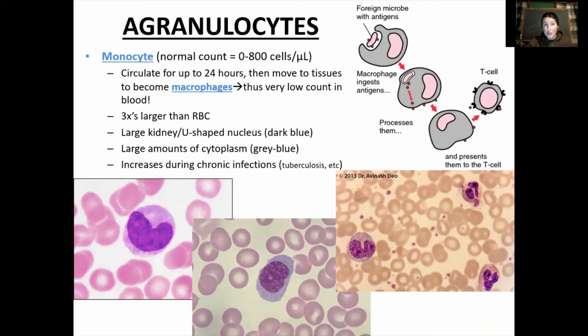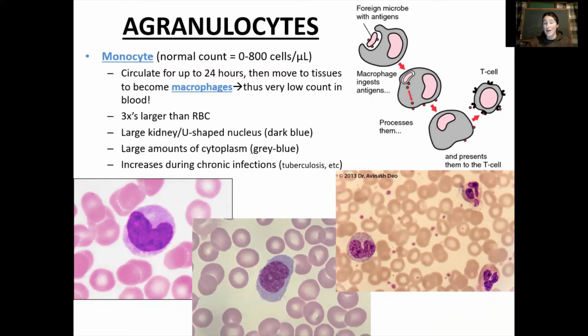For the lecture, you should be able to identify the appearance of these cells. So I might give you an image of the cells and you should say, yep, that's a monocyte. You should also be able to tell me what they do, right? And if I gave you some blood test results, right, of a differential white blood cell count, you should recognize that monocytes are 0 to 800 per microliter.